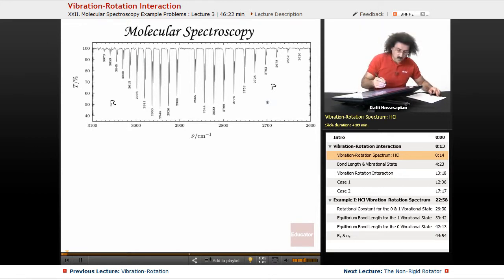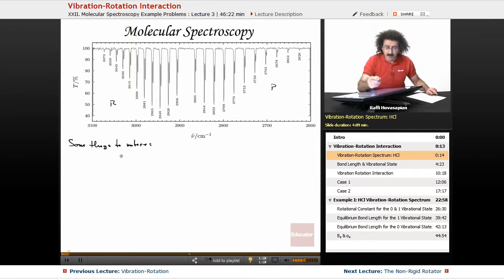Some things that we want to notice here. The first thing you want to notice is that the distance between the lines in the two branches are not equal. In other words, the distance from here to here is not the same as the distance from here to here.